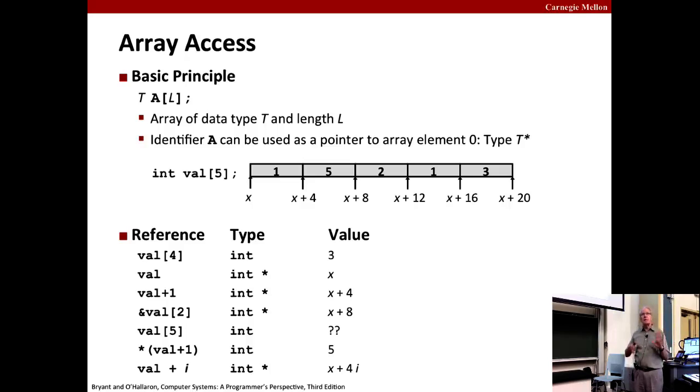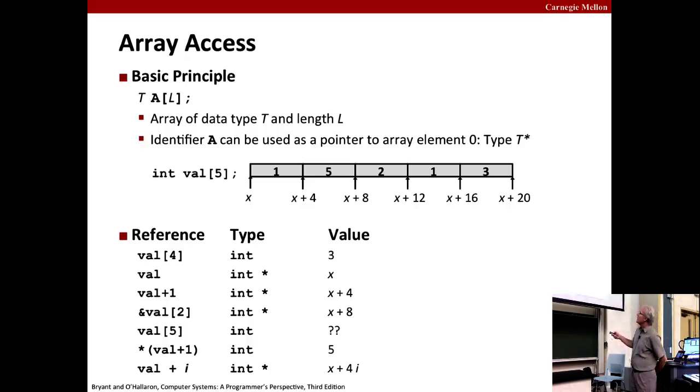And that's one of the features of C that was fairly unique to C when it was created and is still unique to this day. This idea of the sort of interchangeability of pointers and array identifiers. So for example, I can use an array notation to say val of 4 is element 4 of this array, and it's a 5-element array, so that would just be this final element.